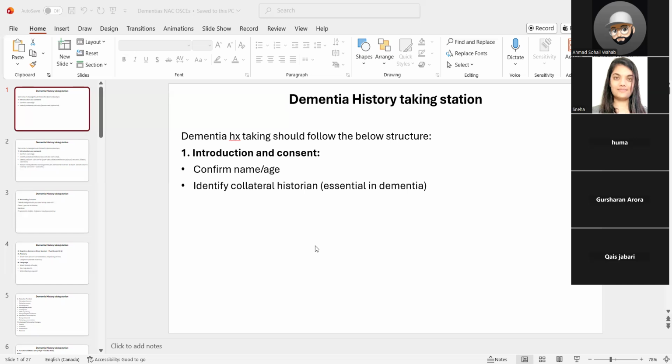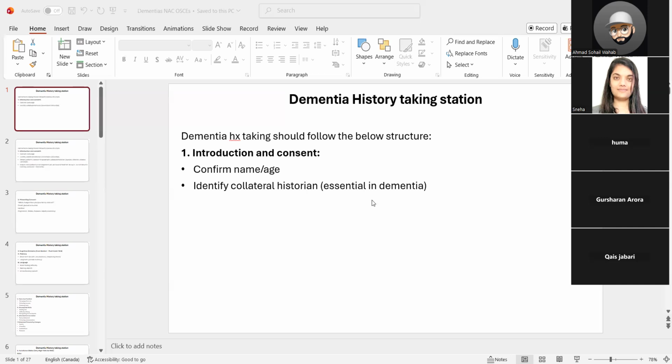If we believe during our introduction that the patient is incapable of giving consent, or we have some concerns about the patient's current cognitive or mental status, and we feel the patient is confused or not fully oriented, in that case we can talk to the family.